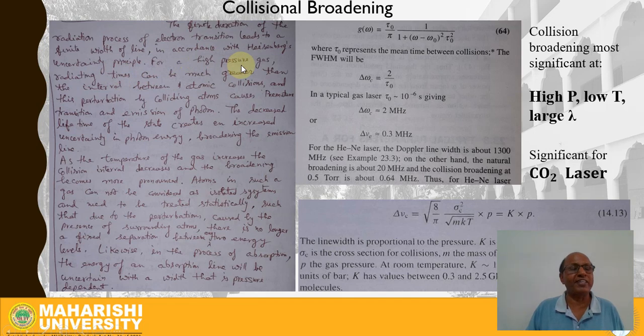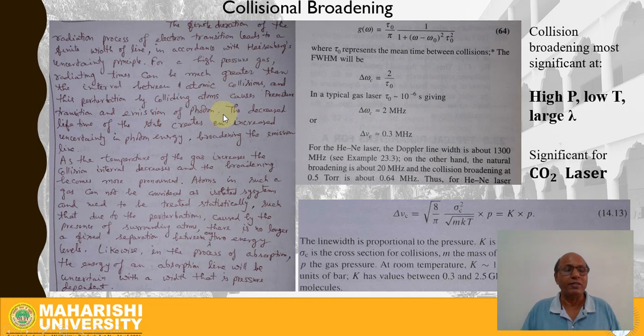So for a high pressure gas, where more such collisions will be taking place, radiation times can be much greater than the interval between atomic collisions. And this perturbation of colliding atoms causes premature transition, right, and emission of photons.